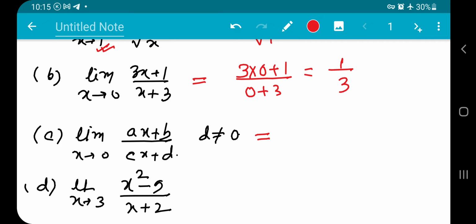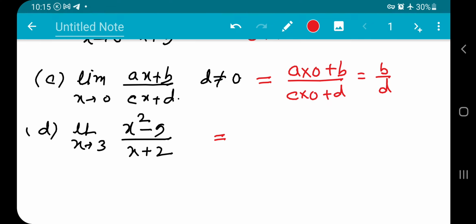Next one we can do, a into 0 plus b by c into 0 plus d, that is equal to b by d. This one we can write 3 square minus 9 by 3 plus 2, that is 9 minus 9 by 5, which gives you 0.